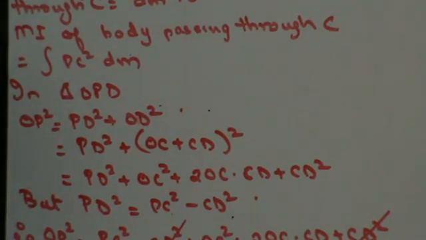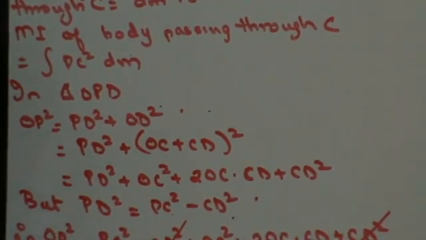Now, the moment of inertia of the body about O is the integral of OP square into dm, and OP square you just found out. So IO is the integral of PC square plus OC square plus twice OC CD into dm.